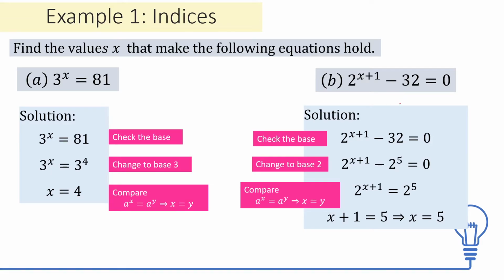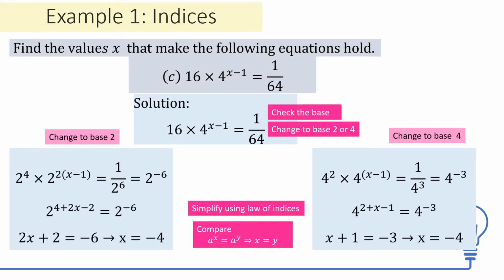Then the second one is the same. Either you change 32 to 2 to the power of 5 on the left hand side, or you shift it to the other side and change it to base 2, doesn't matter. Once my bases are the same, my exponents are the same. x plus 1 equals 5, so x equals 4.